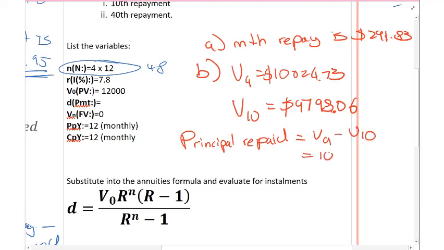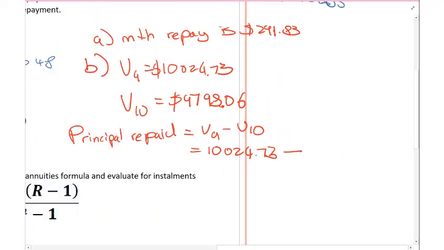So that's 10,024.73 minus 9798 and 6 cents.